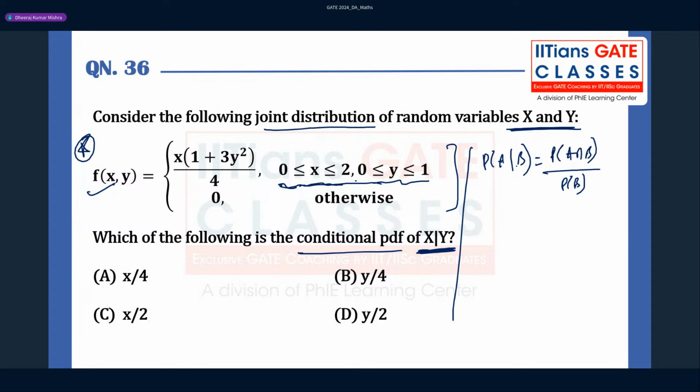If a and b are independent, then what is going to happen? It will be nothing but the probability of a only. That is very important to keep in mind. So if these two random variables are independent, the answer you can get very quickly, otherwise it will take more time. Understood?